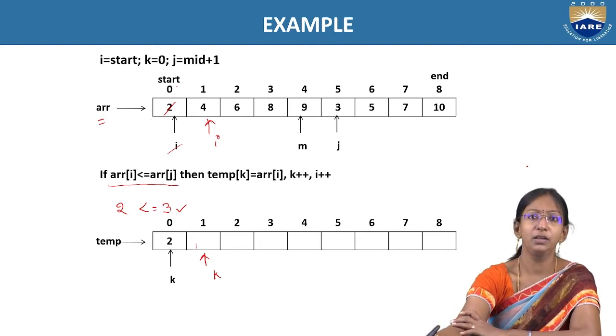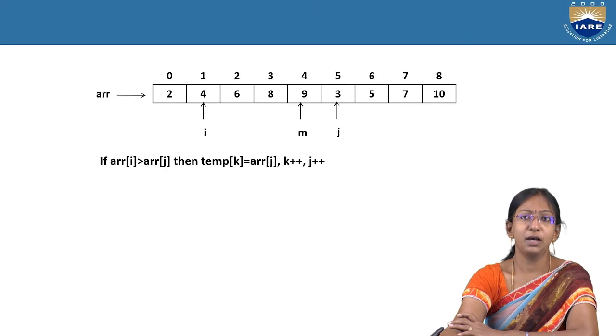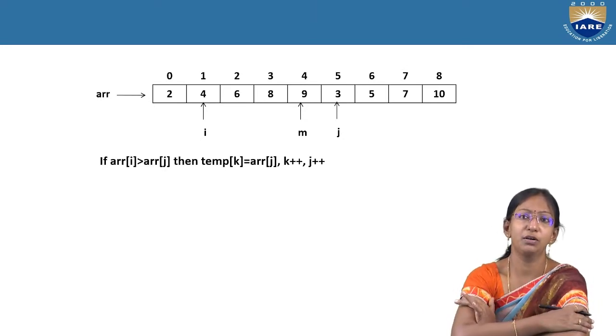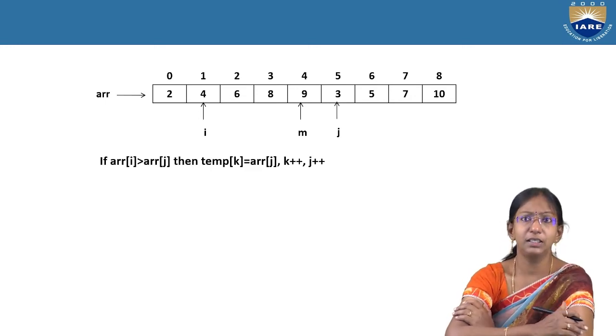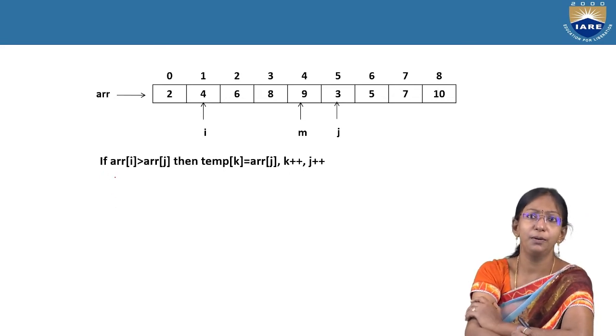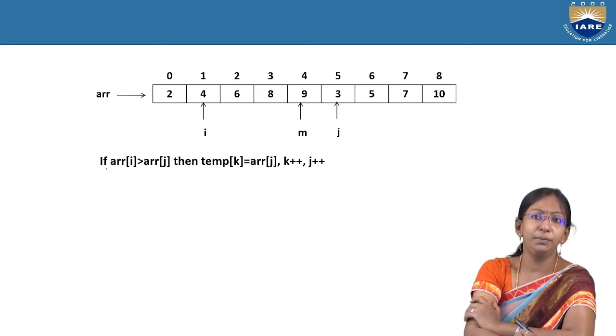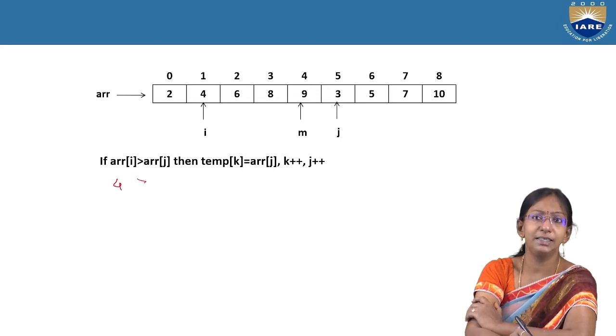So, as the pointers are moved, have a look at this picture now. I is pointing to 4 and J is pointing to 3. The second condition will be: the element pointed by I, which is 4, is greater than the element pointed by J, which is 3. Condition satisfied.